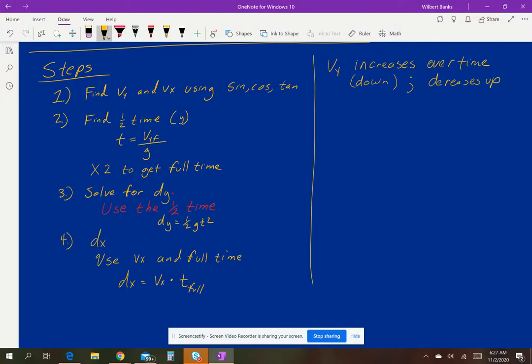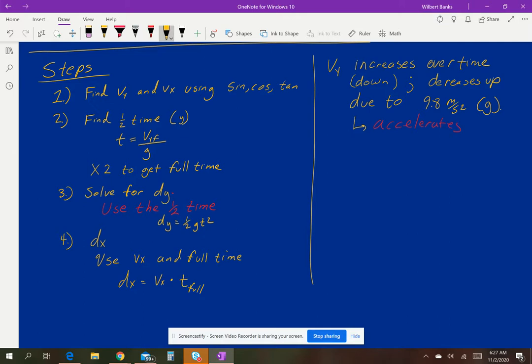Okay. And it does this because of acceleration due to gravity. And that's basically G. The other thing that you need to know is, so what I'm trying to say here is that along the Vy, it accelerates.